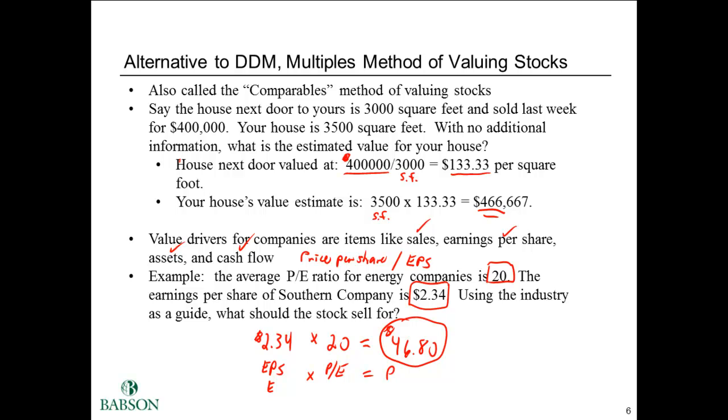Just as you might say, if the house next door sold for $400,000 and you didn't think that it was worth that much, then your valuation might be off as well. But those are the different methodologies that are used to provide us with estimates for valuation.